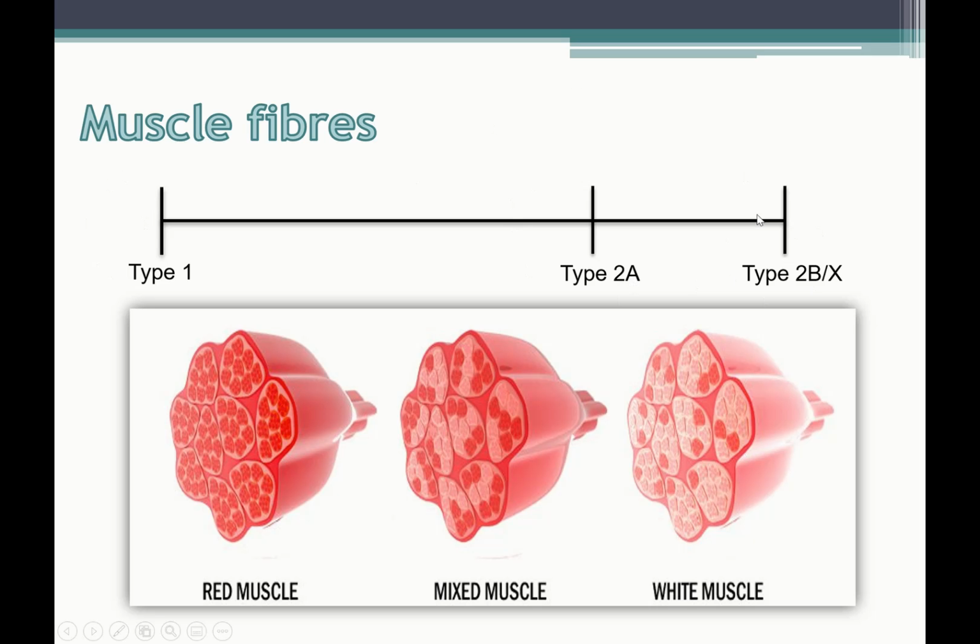Now, what we do have is a sliding scale where some fibers can have mixed qualities, and these are referred to as hybrid fibers. So if we take, for example, a fiber that we may find which is say 80% type 1 and 20% type 2A, okay, then it would exist somewhere around here on the scale.